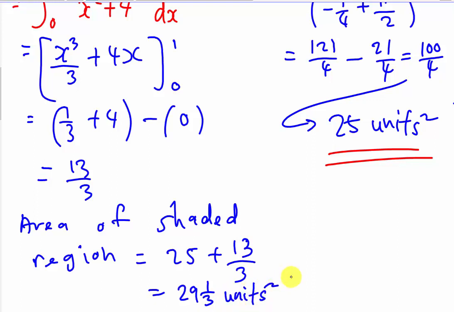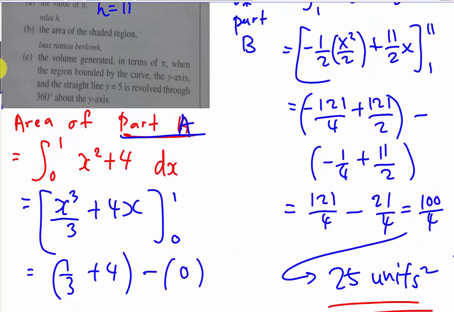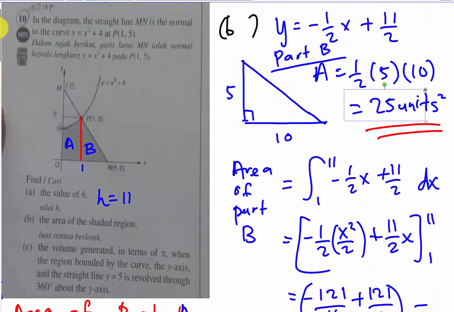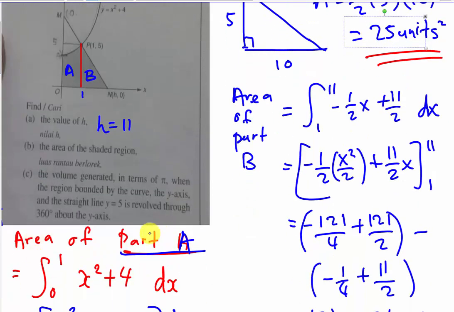Of course you can do them together, but if I do this one myself, I will straight away write the area of the shaded region equals part A plus part B, and then I will do part A using this one plus I will do part B using the integration, and then I straight away get the answer 29 and 1 over 3.